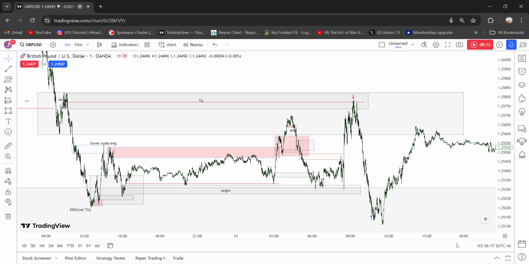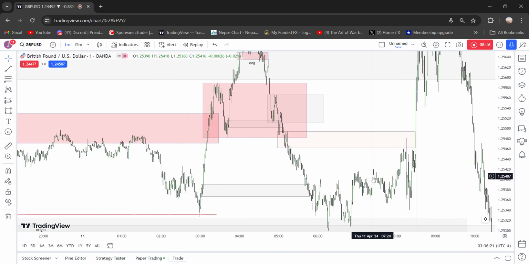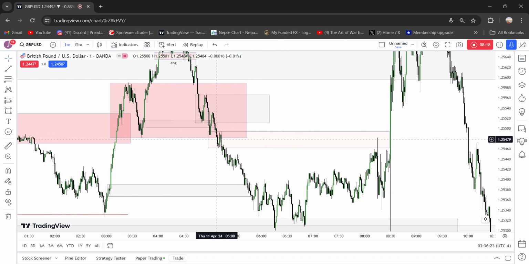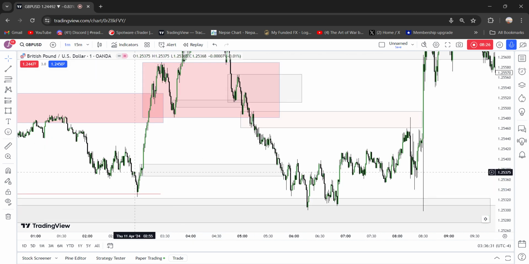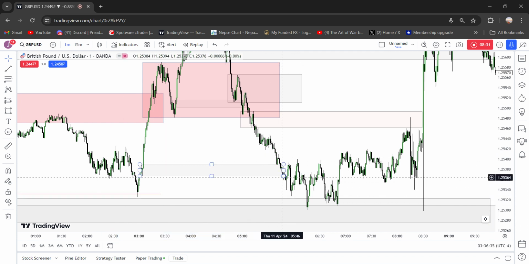All right. So there could be another scenario as well. After price engulfed this particular zone, there is already a target set in here, this particular origin. It engulfed this particular origin as well, but price didn't retrace back to get the free order flow of this particular zone.